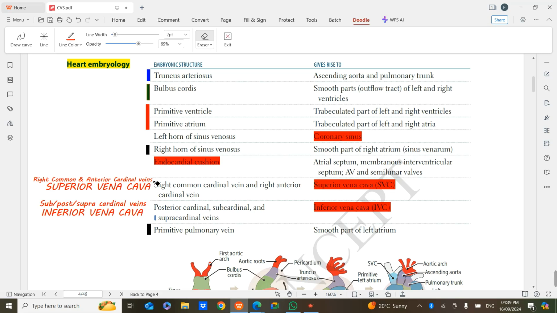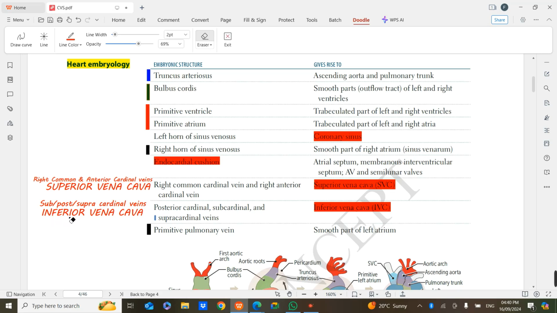I remember a particular denomination like CAC, they have this Oke and the likes. So superior, like on top of something or the upper part of something: common and anterior cardinal vein. Maybe that may help you in a way. All right, CAC, superior vena cava, superior CAC, common and anterior cardinal vein. You can use that if you wish. If it doesn't make sense, you can discard that.